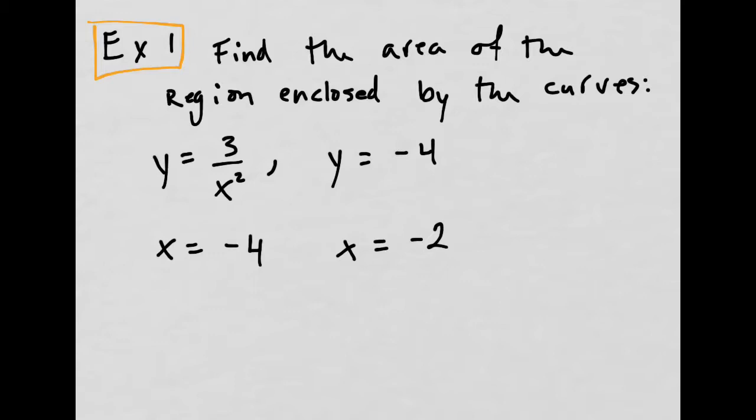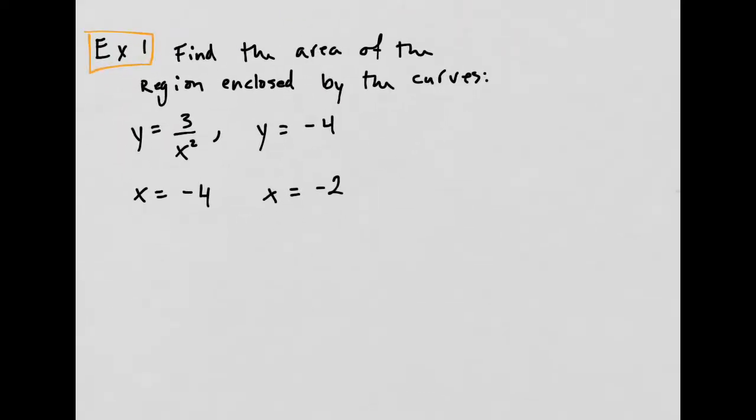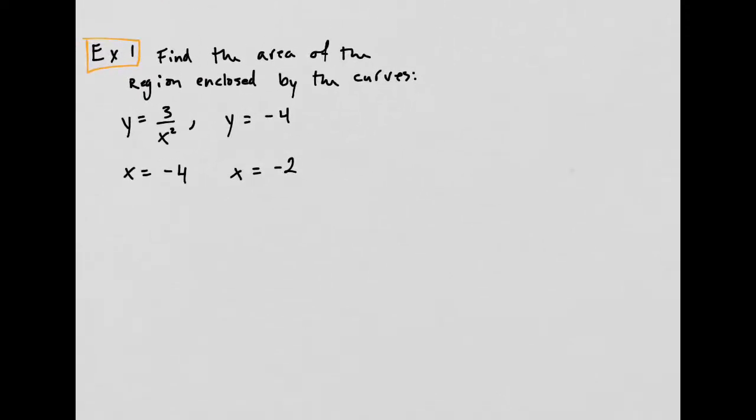In this case, I know the graphs. Why am I trying to plot these anyway? Well, I do have to know which function is larger and which function is smaller. So let's see what this graph looks like. I don't even have to graph them that accurately. I just need to figure out what the graph is.